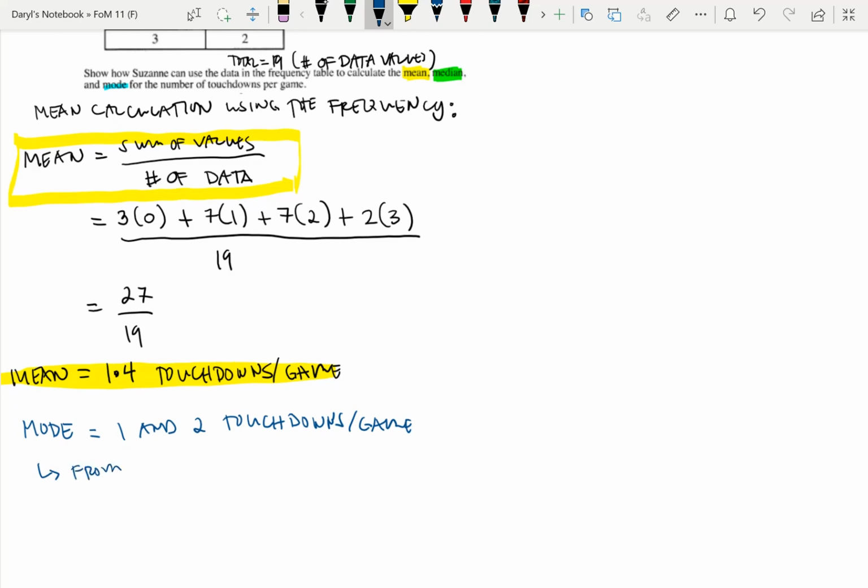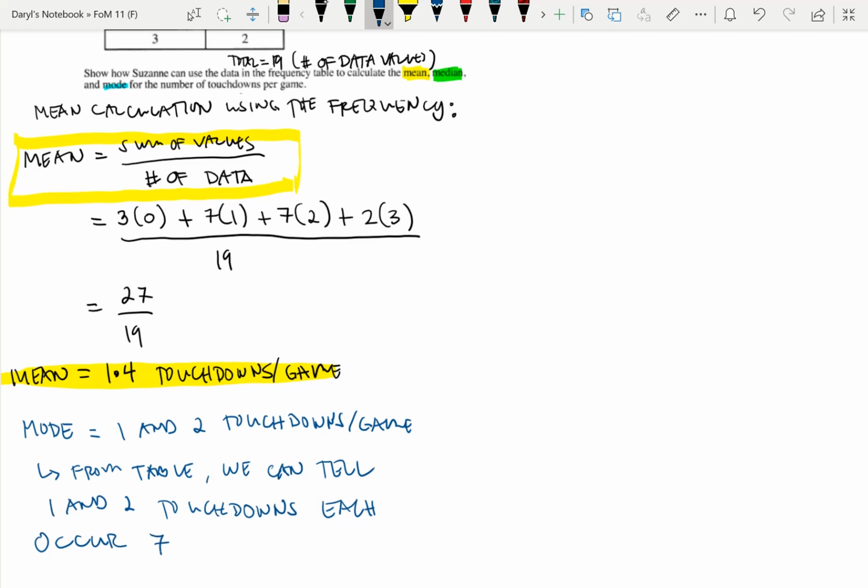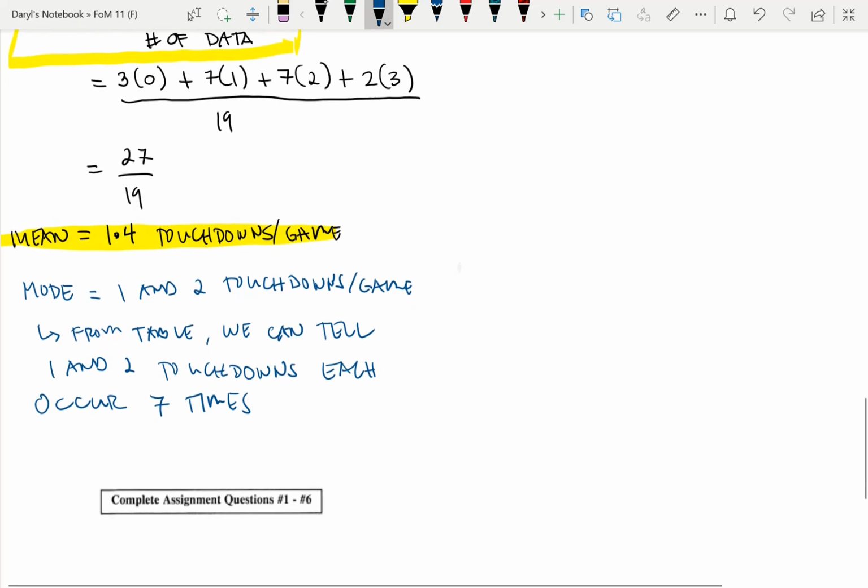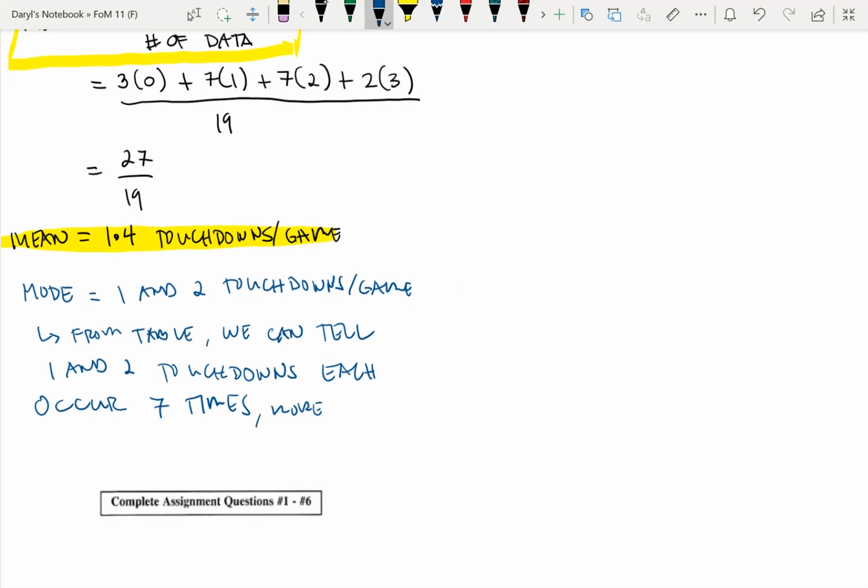Well, if you look at your table, we can tell 1 and 2 touchdowns each occur 7 times, more than any other data values.